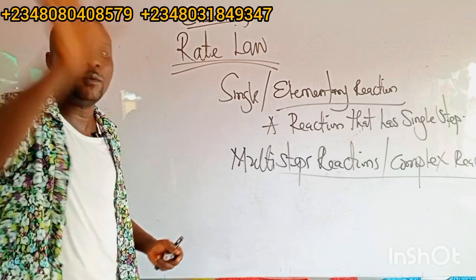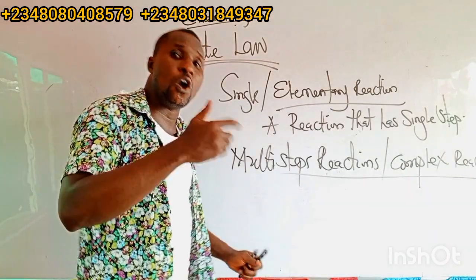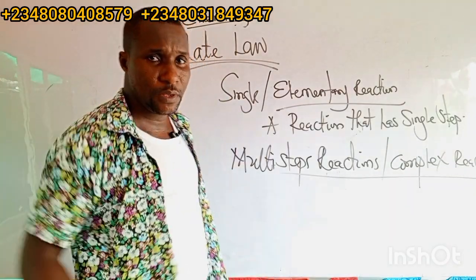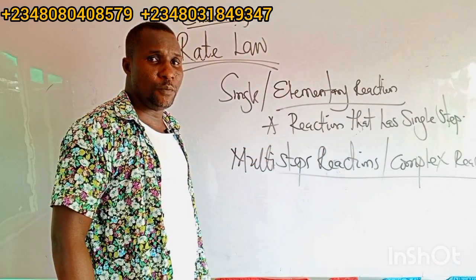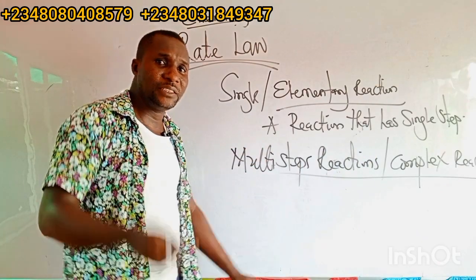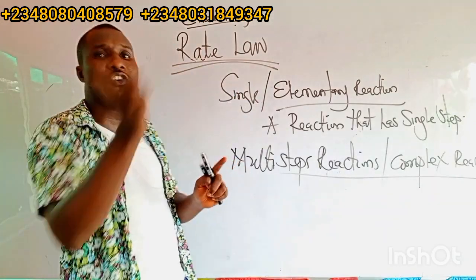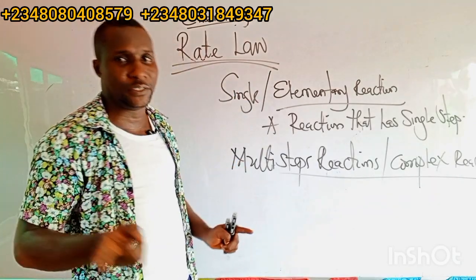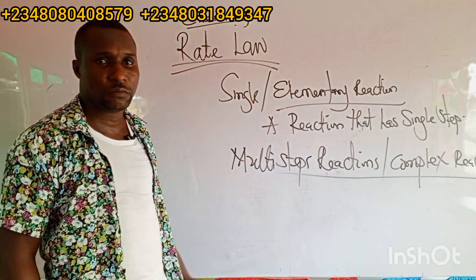They can have two or more steps. When you have a reaction with two or more elementary steps, it is known as a complex reaction. And the relationship between rate of reaction and concentration is complex.